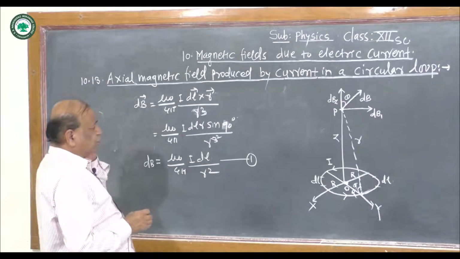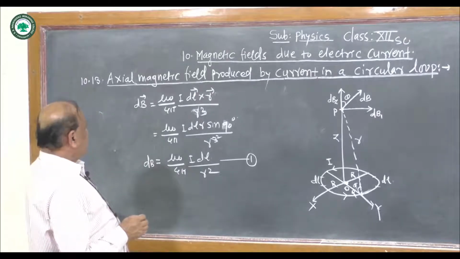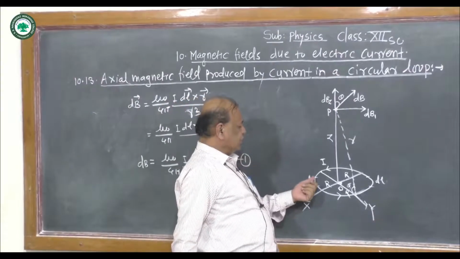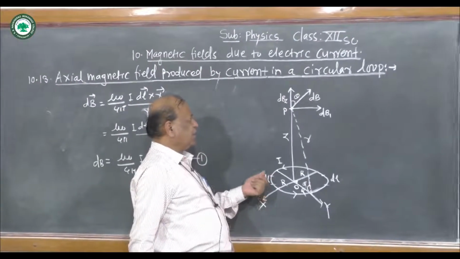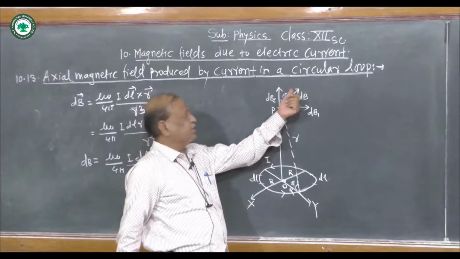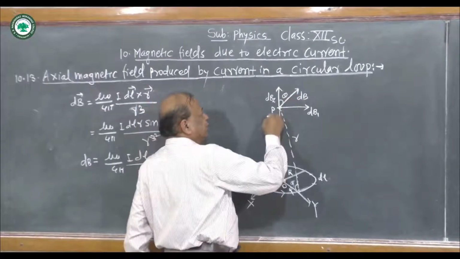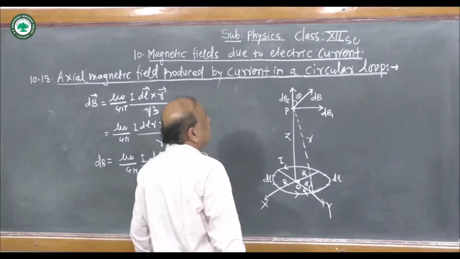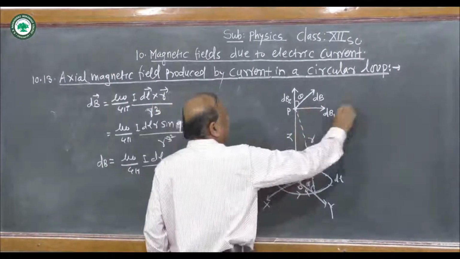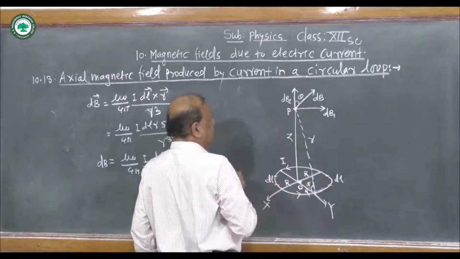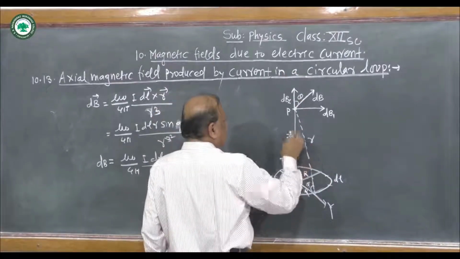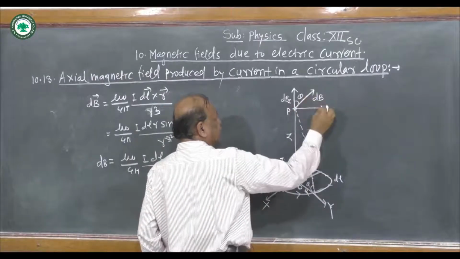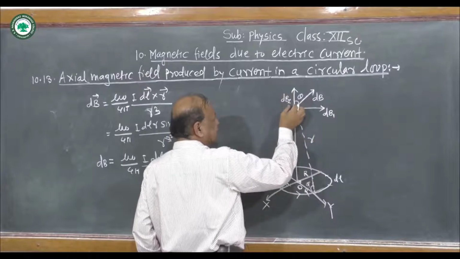And now we have to find the magnetic field at point P. Now considering this small element dl, the direction of the magnetic field is dB here, and this dB is resolved into two components, horizontal and vertical components. And now considering this element dl, the magnetic field is resolved into this dB1 and this dBz.